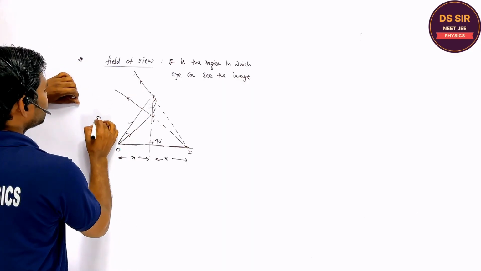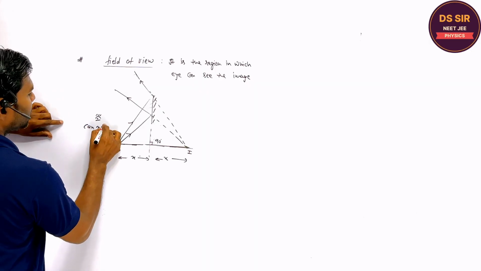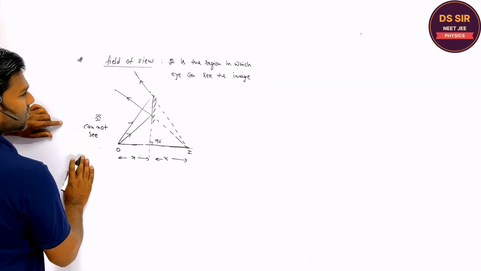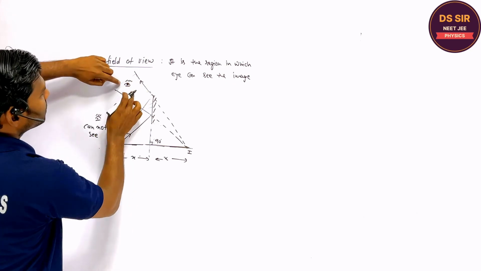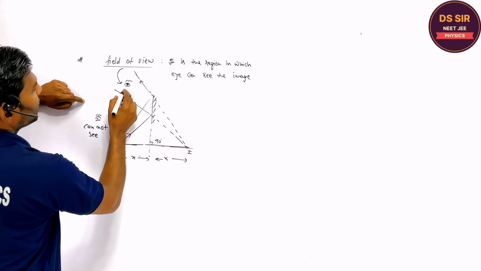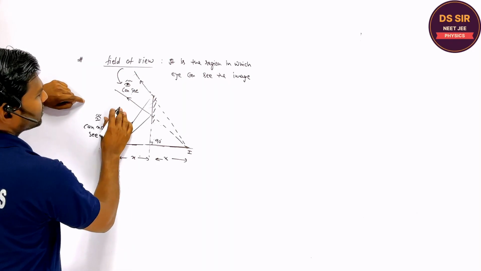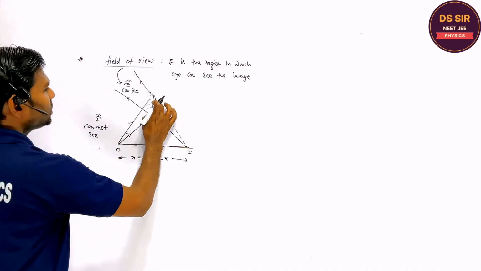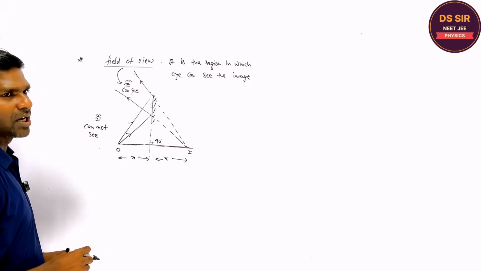If your eye is present in this region, you cannot see the image. But if your eye is present in this region, this is the field of view, you can see the image. Is it clear or not? So this region, after the reflection, is where the light rays are going in this direction.